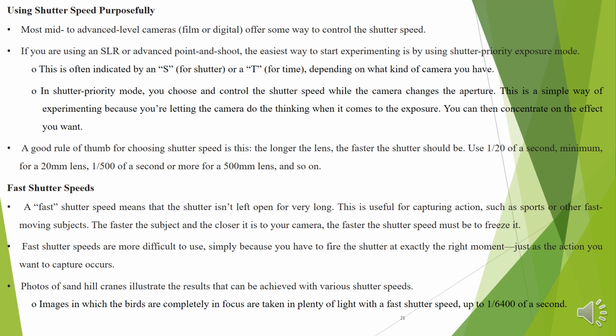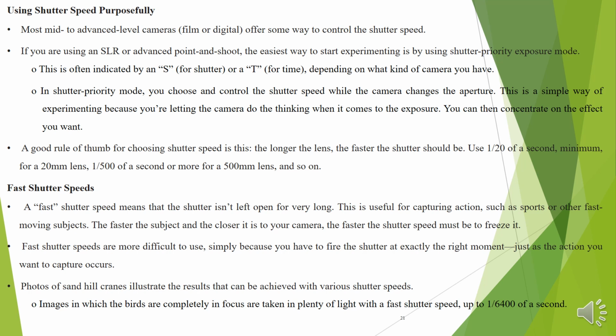Next is using shutter speed purposefully. Most mid to advanced level cameras, film or digital, offer some way to control the shutter speed. If you are using an SLR or advanced point and shoot, the easiest way to start experimenting is by using shutter priority exposure mode.